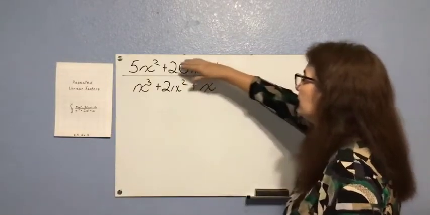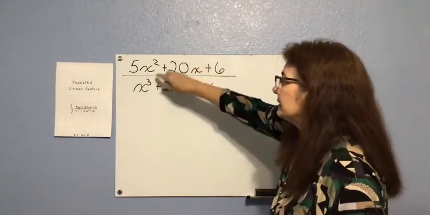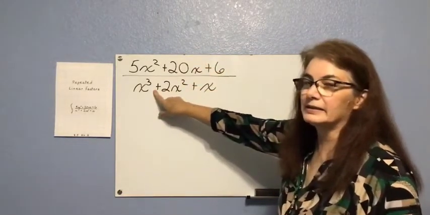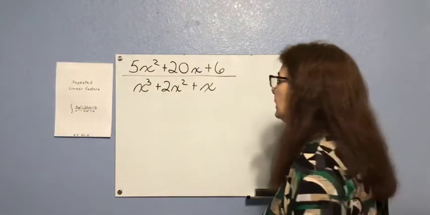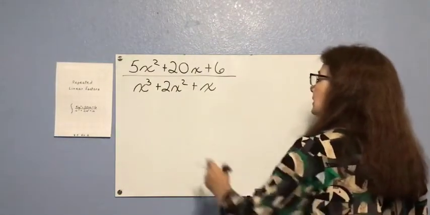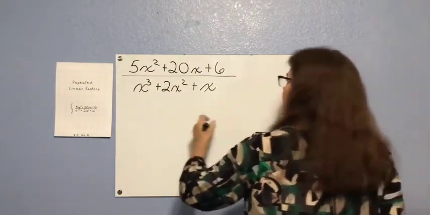Because this highest power here is less than this power here, this is not an improper fraction, and I can proceed to factoring the denominator.